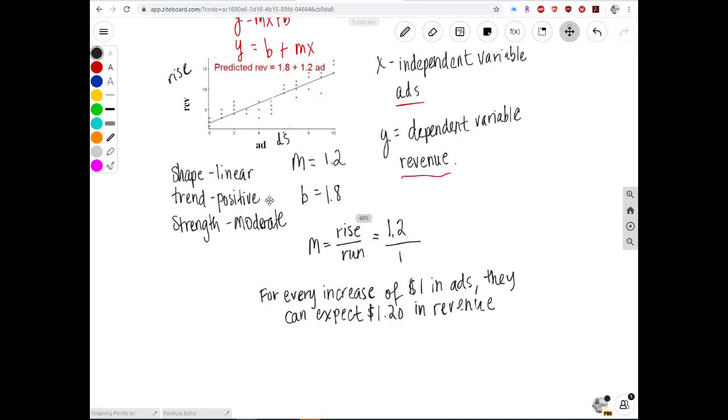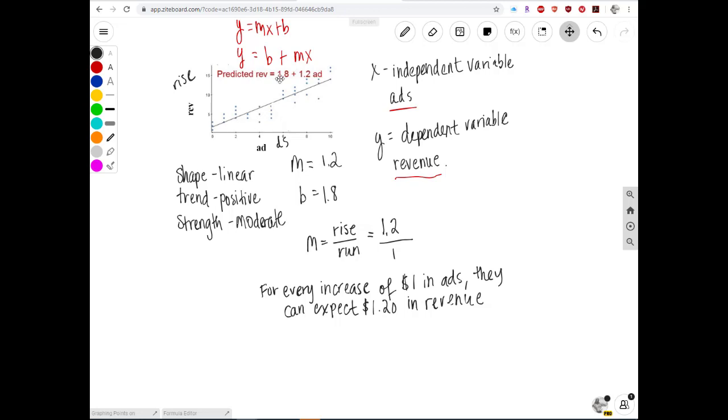I'm going to scooch this up. The other thing we can talk about is the Y-intercept. The Y-intercept in this example is 1.8. So what does this mean? It means that in this scenario, if they spent no money on ads, then they would expect a revenue of $1.80.